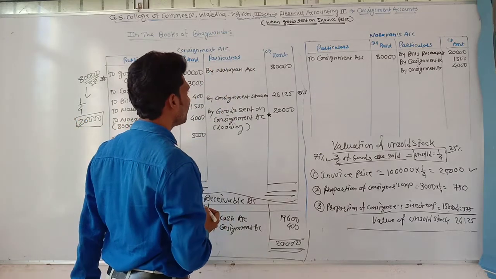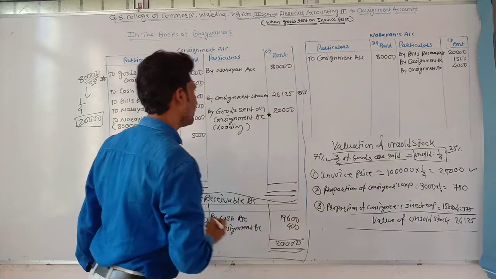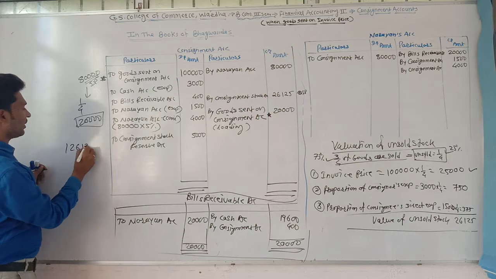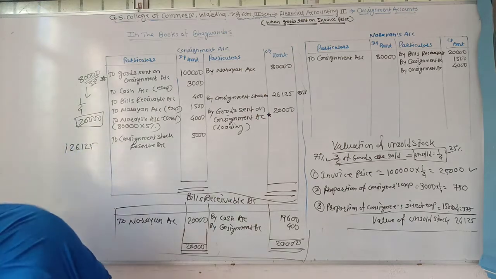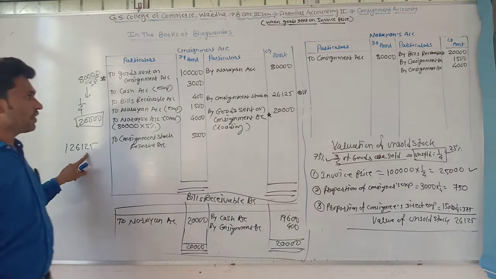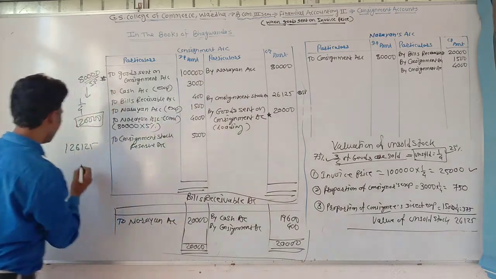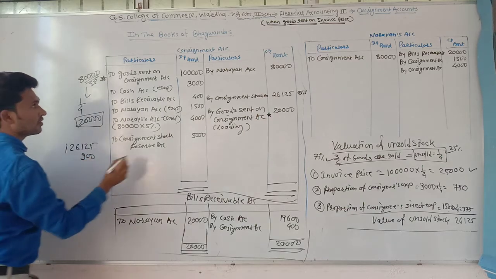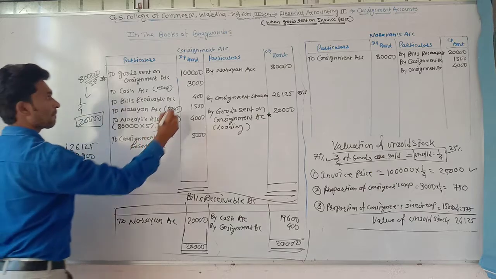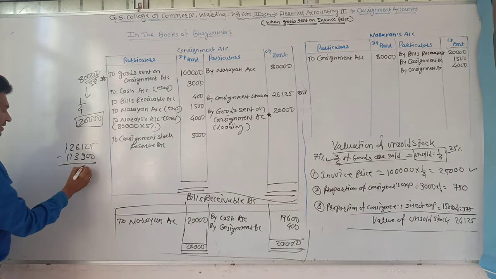Total rupees 1,26,125 of credit. Making the calculation, the total of debit side is rupees 1,13,900.